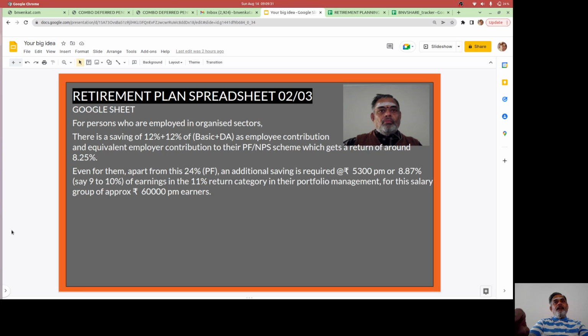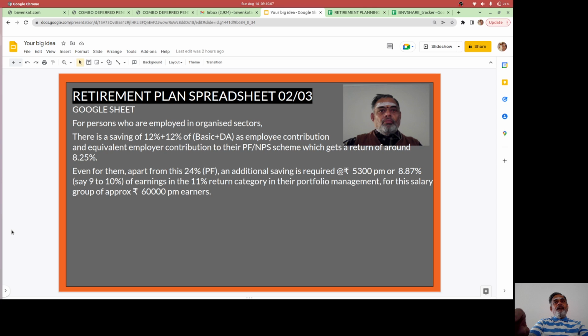For persons who are employed in organized sectors, there is saving of 12% plus 12% of basic plus DA as employee contribution and equivalent employer contribution to their PF, PPF or NPS scheme, which gets a return of around 8.25%. Even for them, apart from this 24% PF savings, additional saving is required at 5,300 rupees per month or 8.87%.